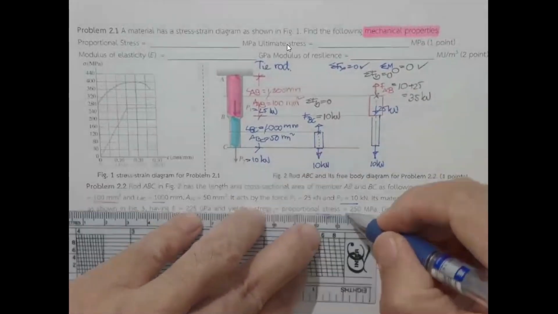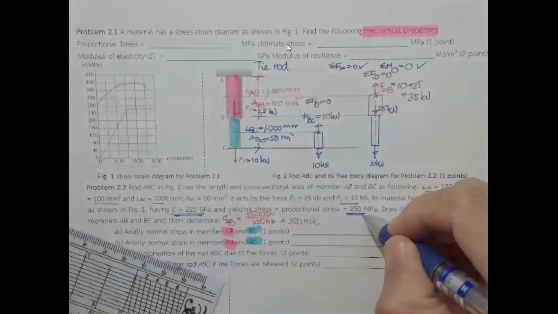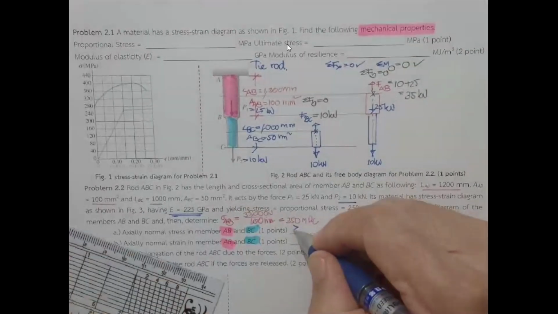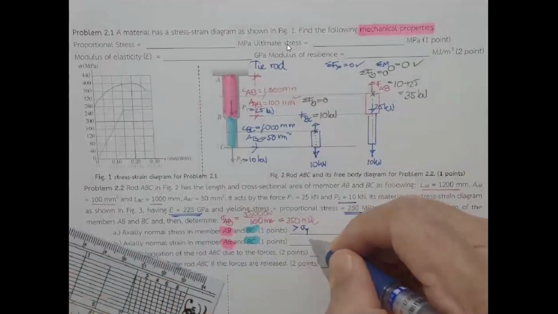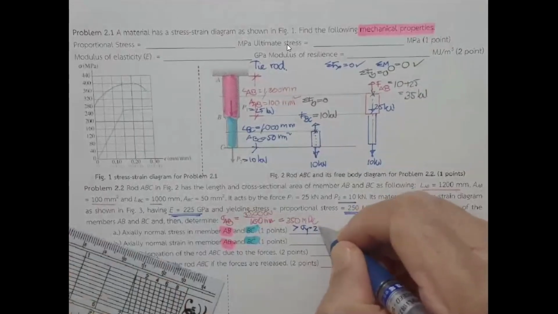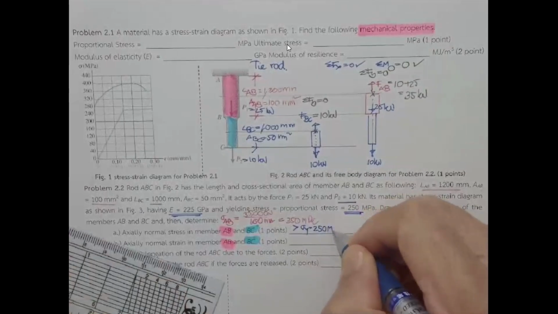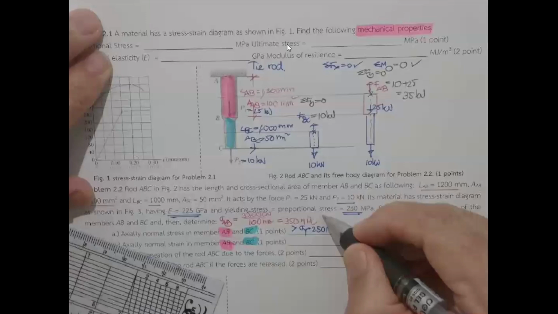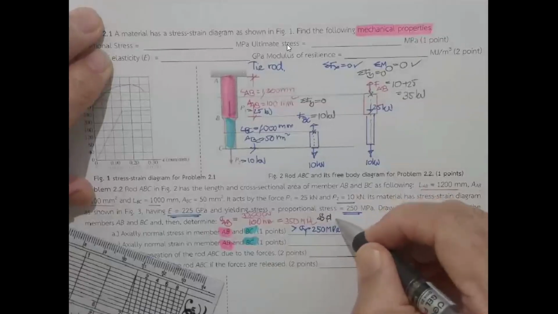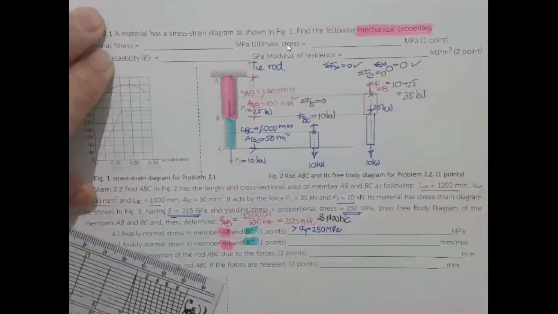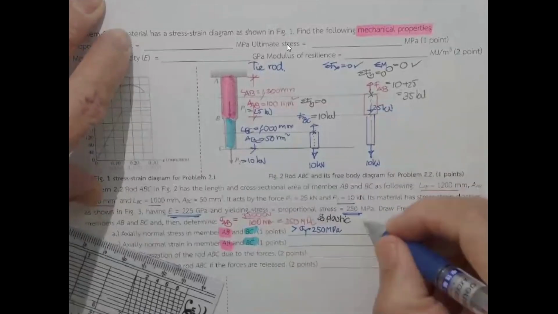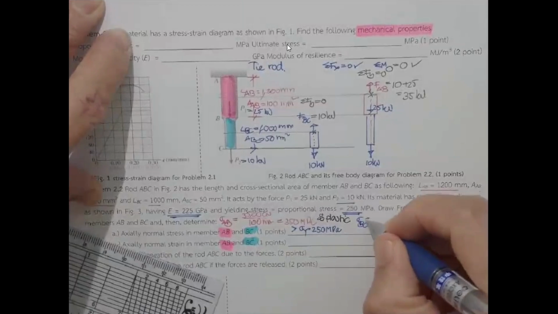Yielding stress equals the proportional stress of 250. We found that this is larger than sigma sub Y specified over here. So in conclusion, this is going to be in plastic behavior. Do the same thing for sigma sub BC.